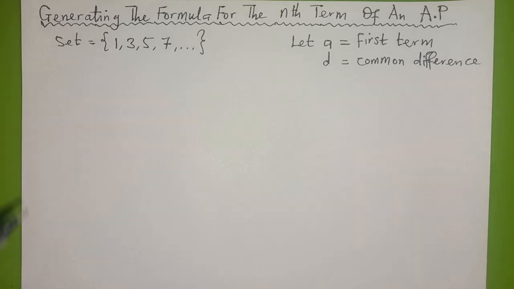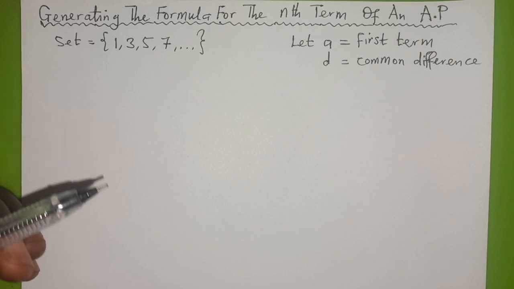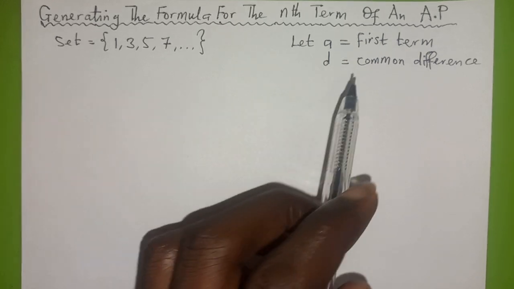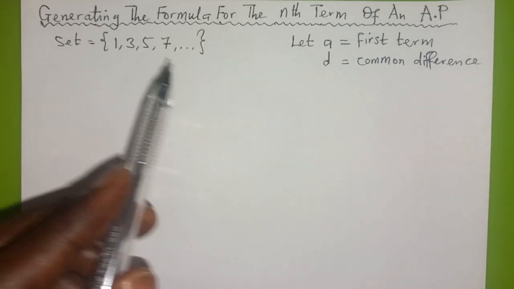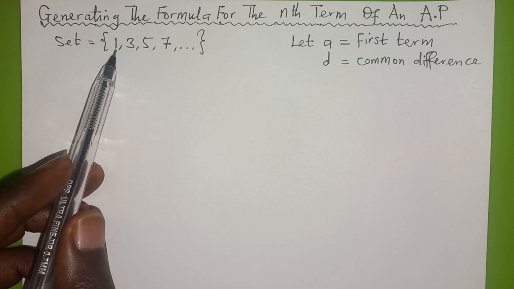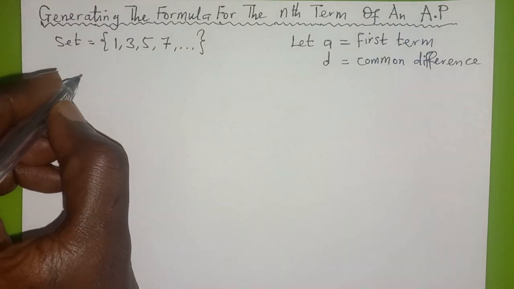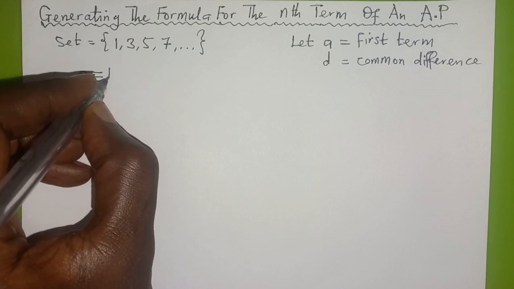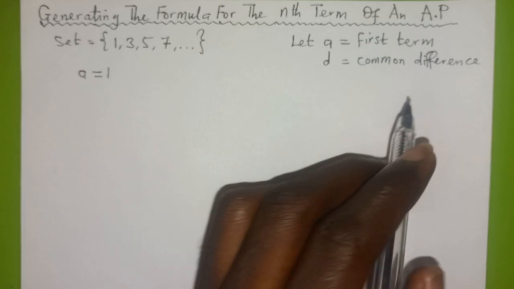Thank you. Let us use this set to generate the general formula for an AP. So the first thing that you need to know is the first term. Let A be equal to the first term, and the first term in this set is 1. So that is A is equal to 1, and let D be equal to the common difference.